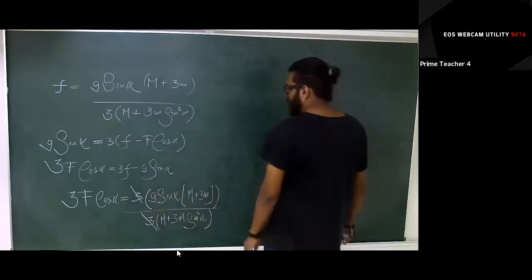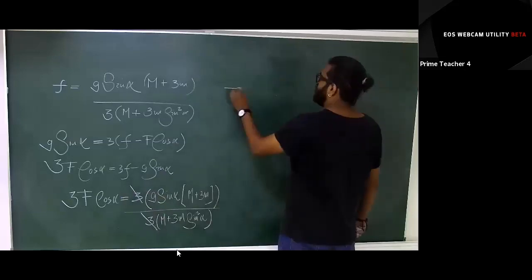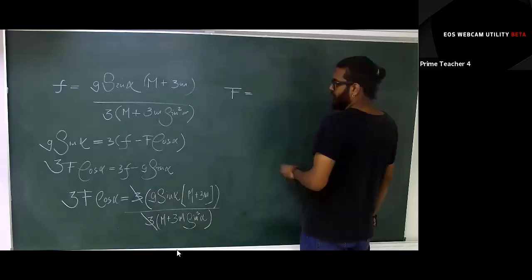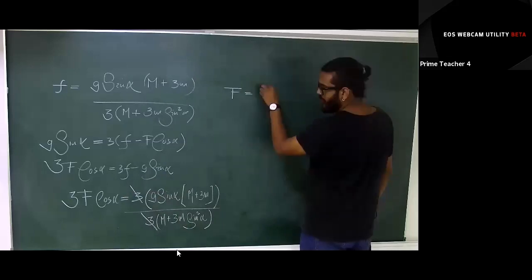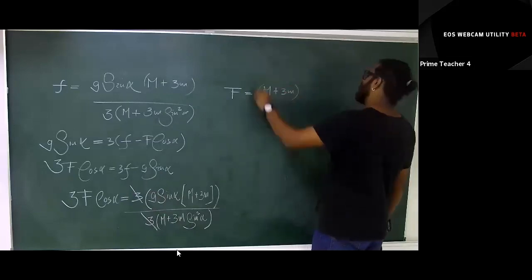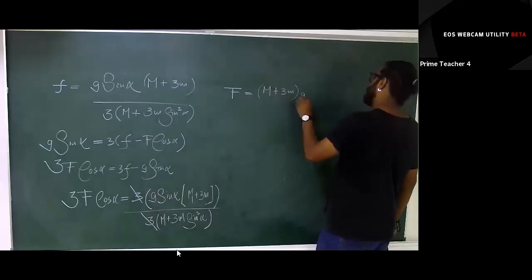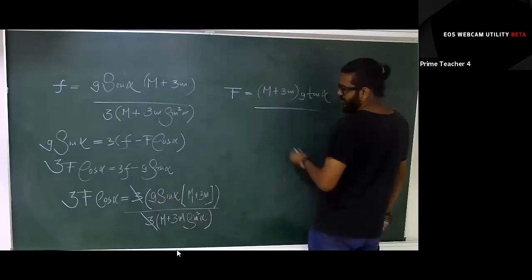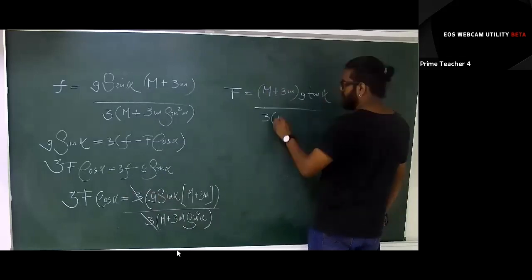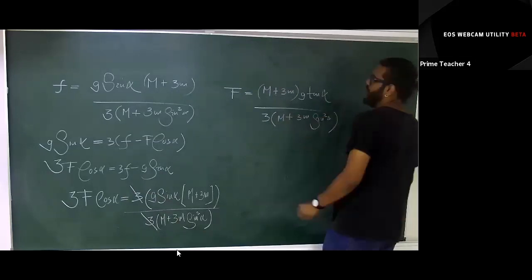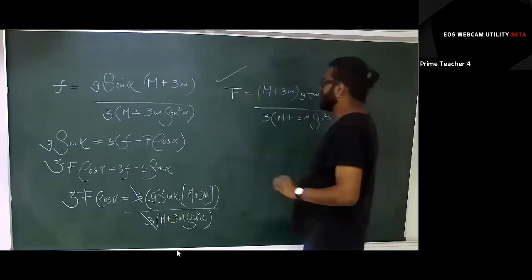We can write capital F is equal to, sin over cos is going to be tan, M plus 3m g tan alpha divided by 3 times M plus 3m sin squared alpha. Right? So that is the acceleration of the whole system.